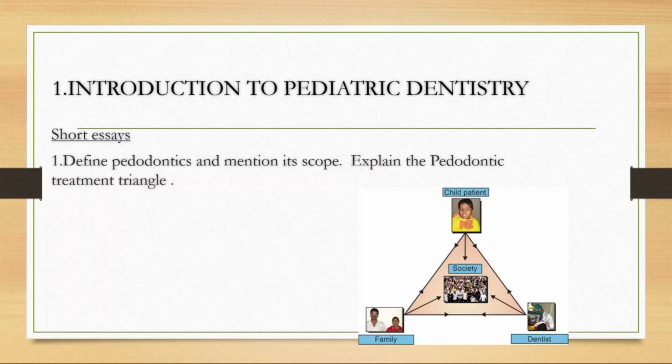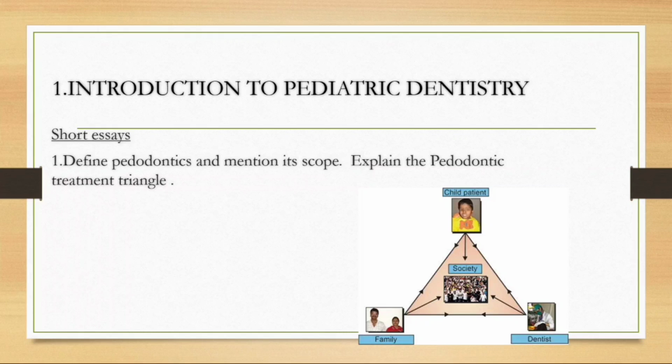The child is in a very dynamic state of growth and development, whereas the adult is in a very static state. So consideration of behavior is an integral part of child oral health care and needs. So we need to put the child at the apex with the consideration of the two other corners, that is family and dentist.